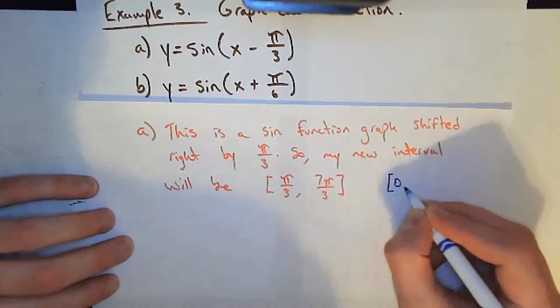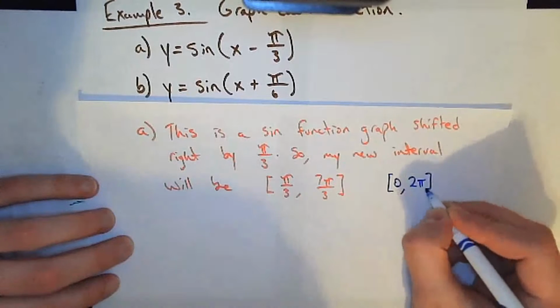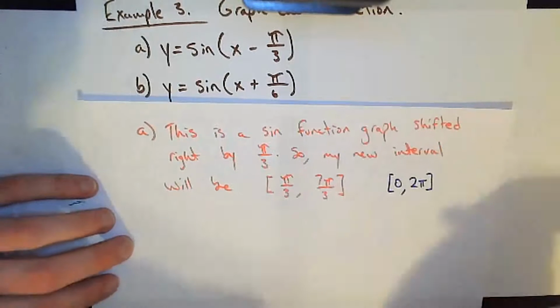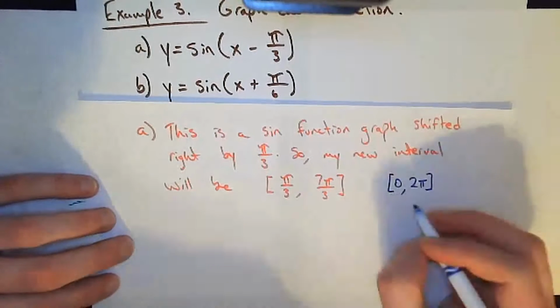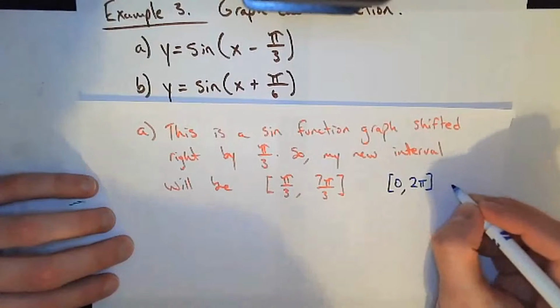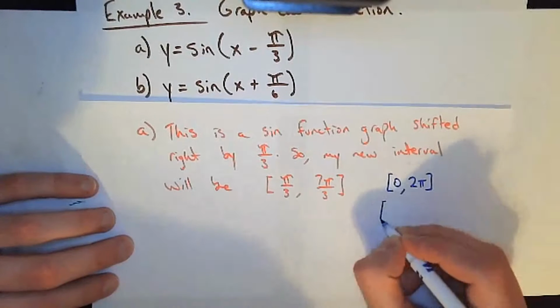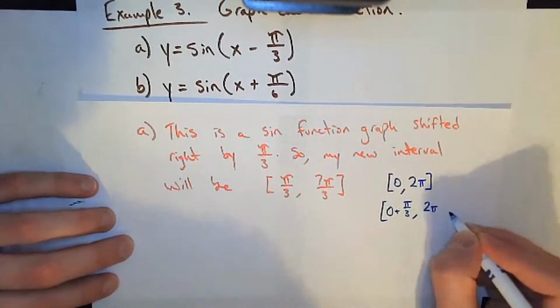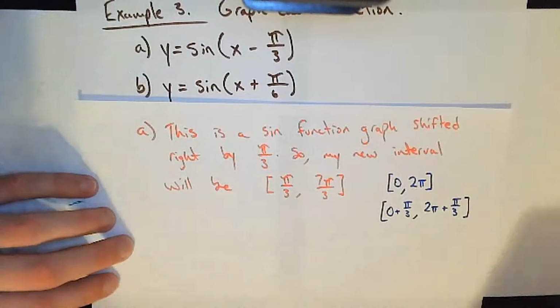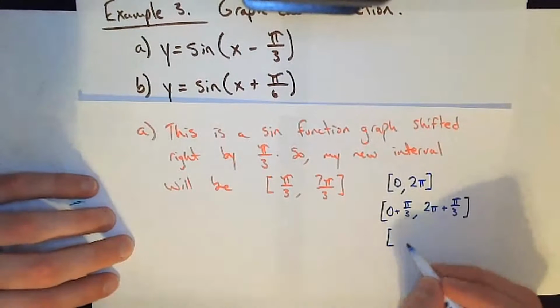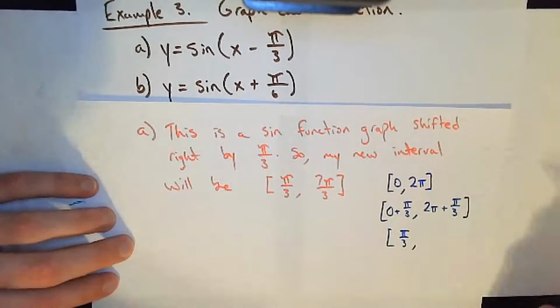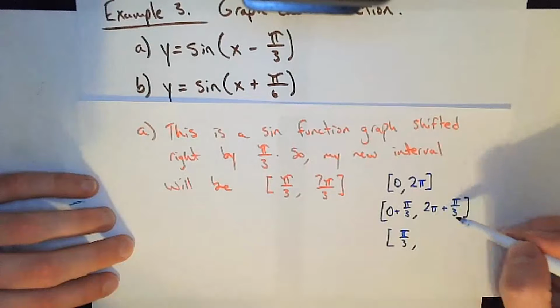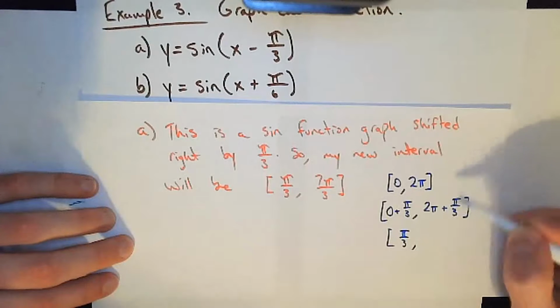It's coming from the original base period for a sine function, but it's shifted right by π/3. So I'm literally adding π/3 to both of these because I'm shifting it right. Of course this one's easier, that's just π/3. And then a little bit of common denominator will get you where you need to be here. 2π is the same as 6π over 3.